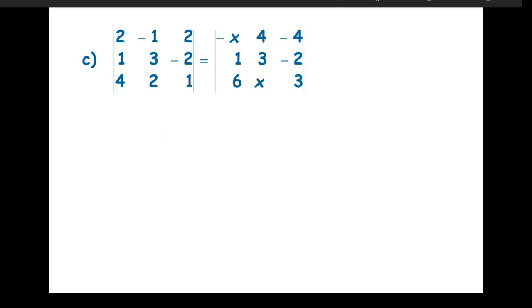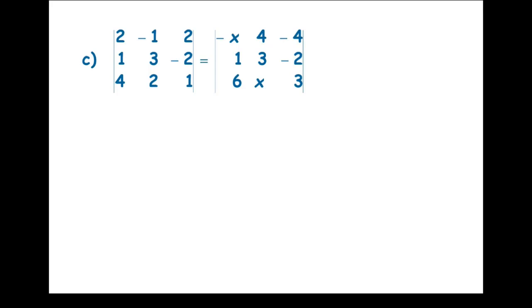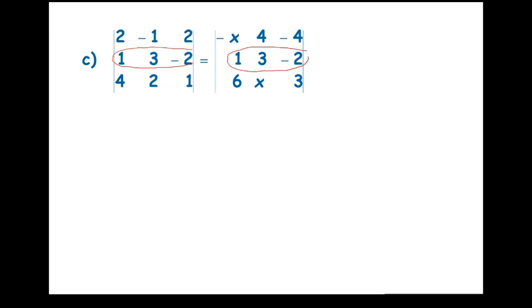For the third example here, we can see that the elements in the second row on both sides of the equation are the same, but the elements in the first row and the third row are different. To get 6 here, using the element in the first column on the left side, it is 4 plus 2, and the number 3 here is 1 plus 2.